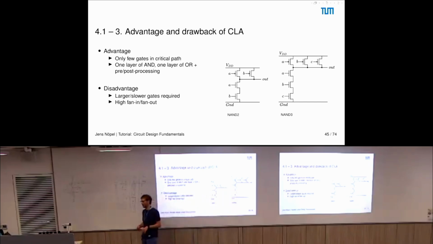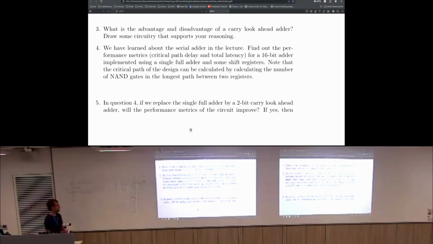And this is why a high fan-in is an issue. So you cannot support a very large fan-in because you would need to size your transistors very, very large. And that's just not possible, and at a certain point doesn't make any sense. Questions?